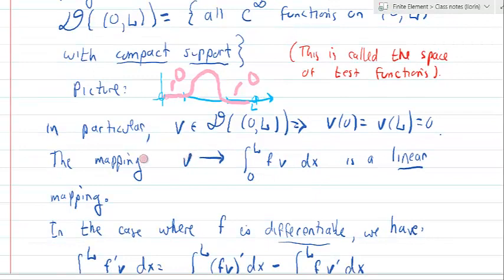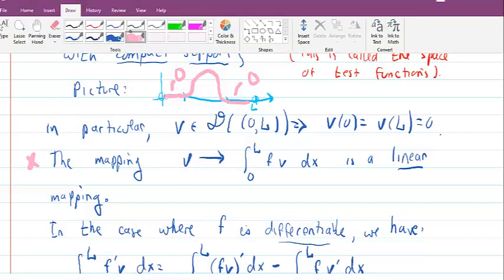All right, now, one other fact about the mapping is that it is a linear mapping. So what does linear mapping mean?